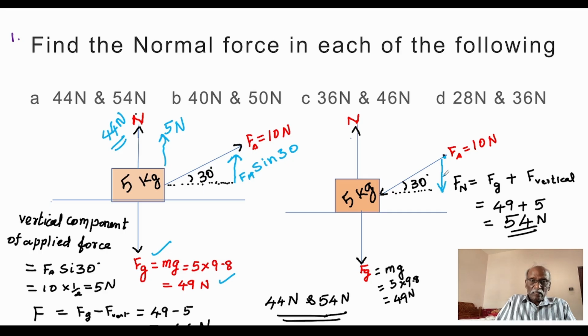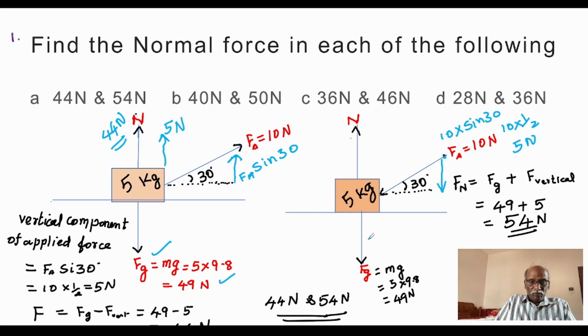This is equal to Fa sine 30. Fa is how much here? 10 into sine 30, which is 10 into half, equal to 5 Newton. It means downward. Understand?